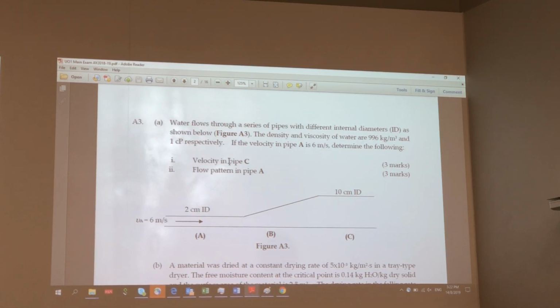Please take note. There's one important point here I have to highlight. See, the viscosity is 1 cp. 1 cp equals to how many Pascal second? You have to convert, right? Yes.